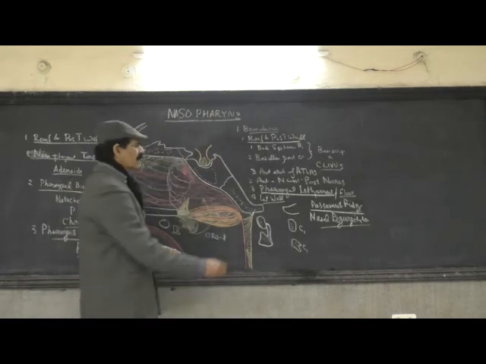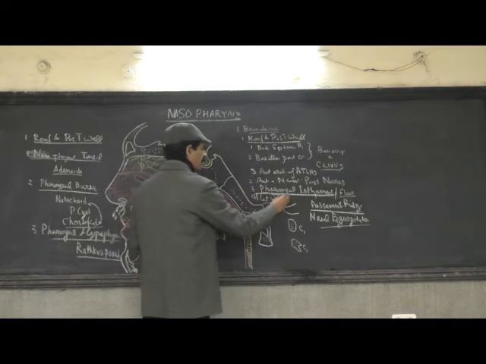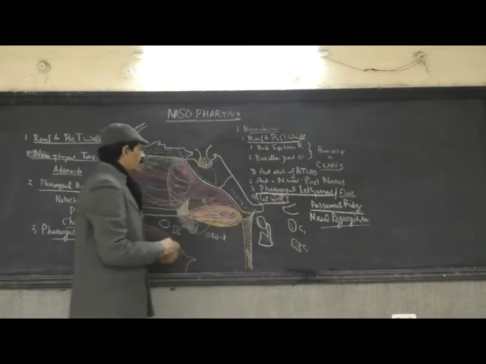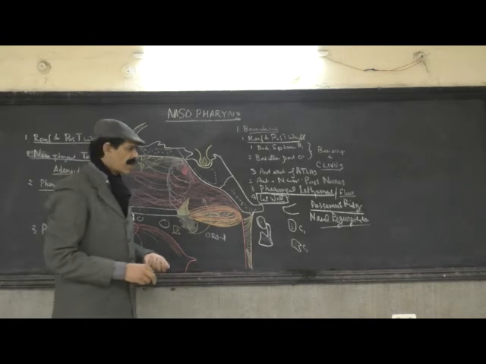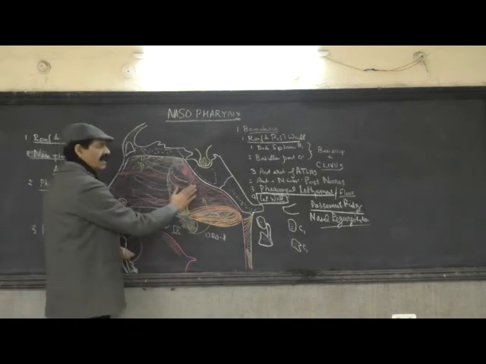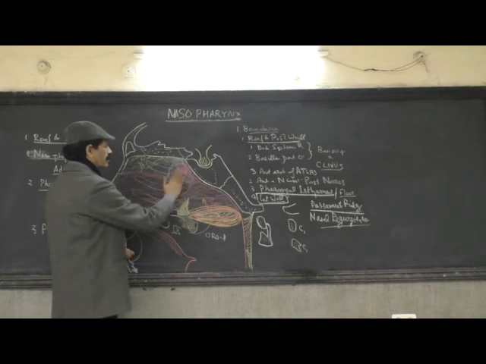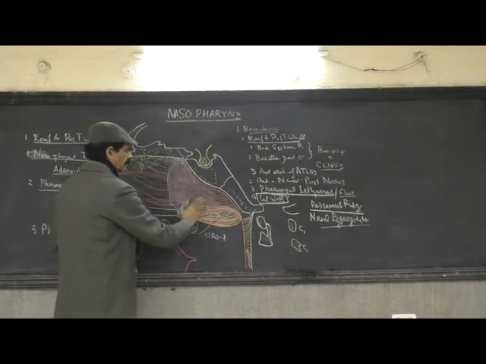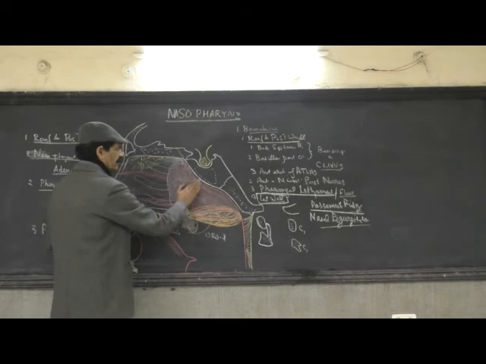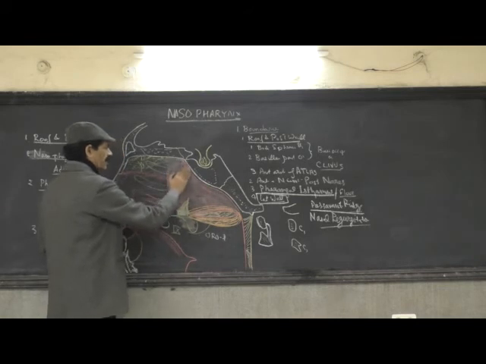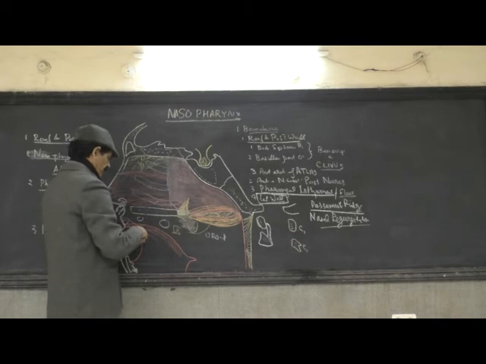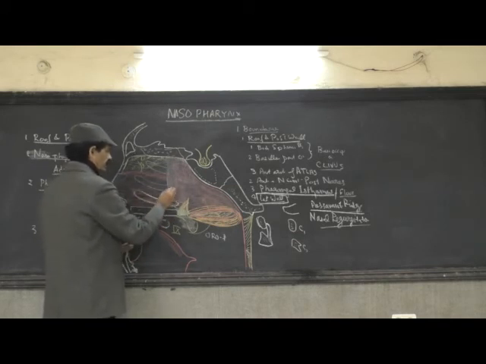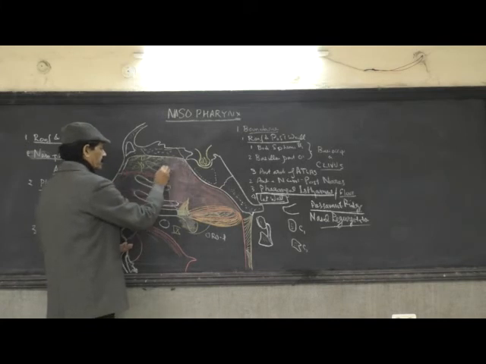Now comes the lateral wall, which is very, very important. The features of the lateral wall: this is the lateral wall, lined by the respiratory mucosa, behind the posterior end of the inferior concha.